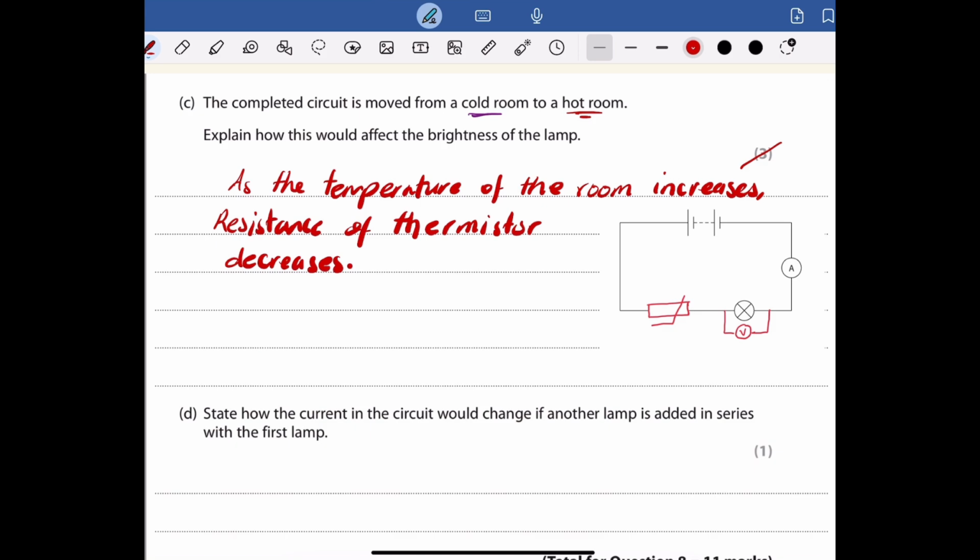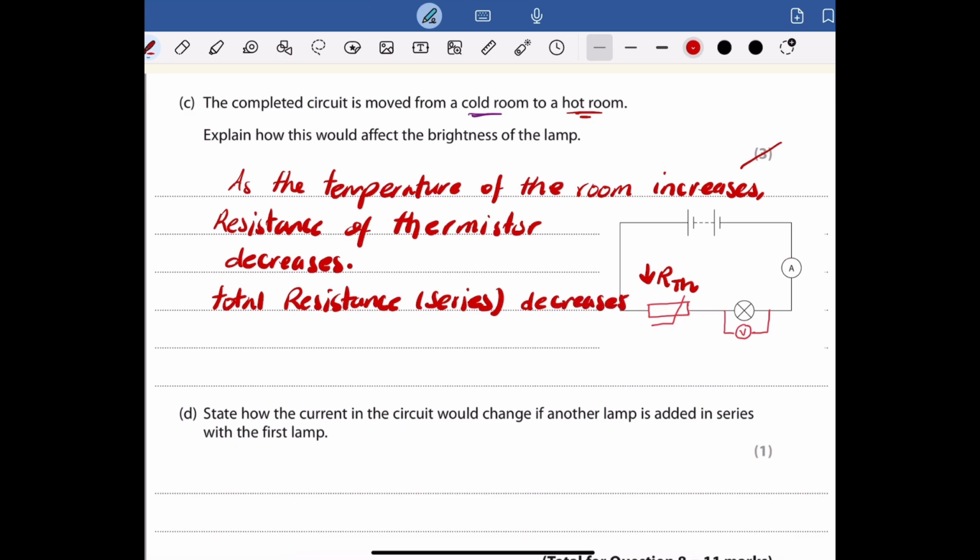So R of the thermistor decreases. Okay, so what should I say? So the total resistance here, which is the series for both lamp and the thermistor, decreases. Good.